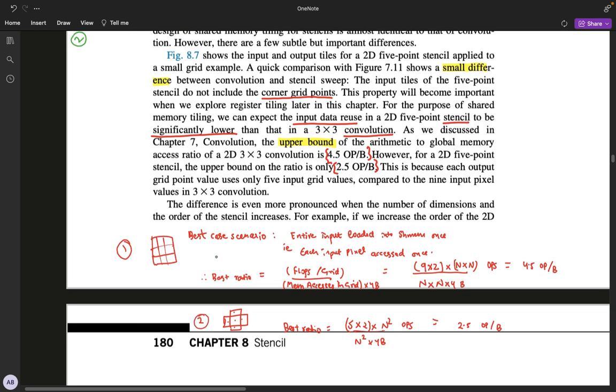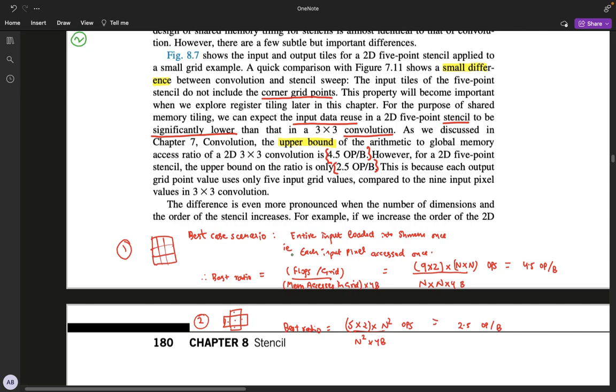Okay, and let's do a best case analysis. The best case scenario would be if the entire input matrix can be loaded into the shared memory at once. That would mean that each input pixel is loaded from memory exactly once, and of course the flops per thread would remain the same, right?